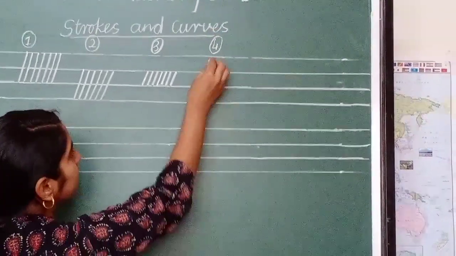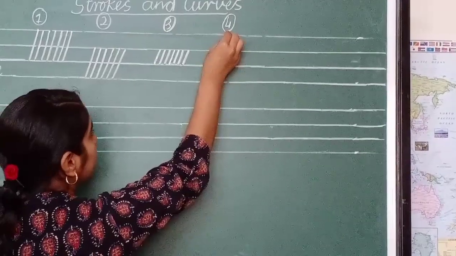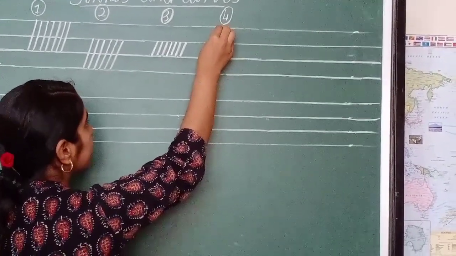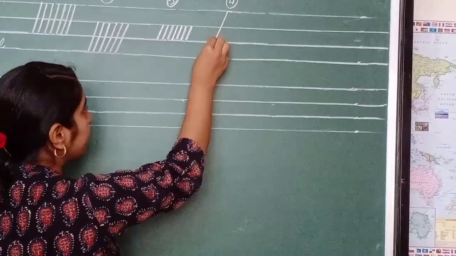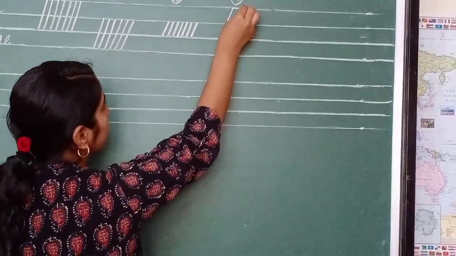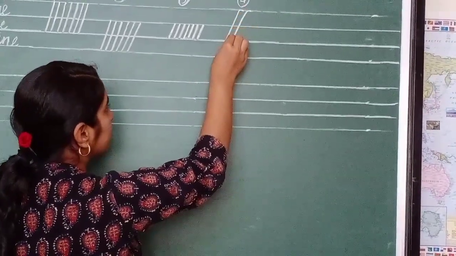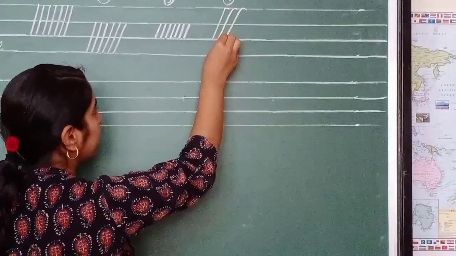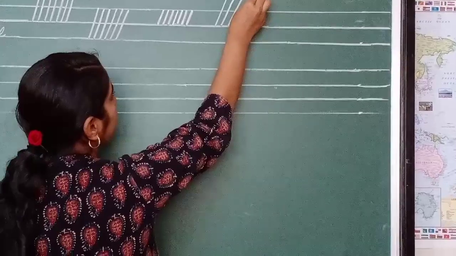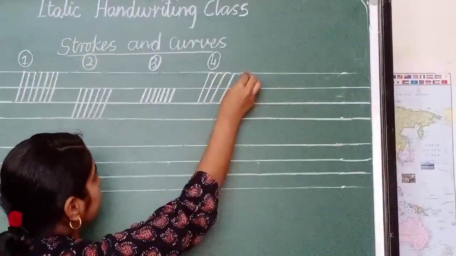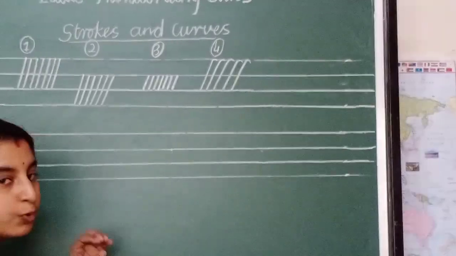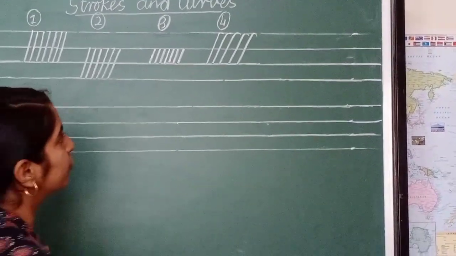It is a bit of a slide, a bit of a curve, that you have to make, curving on the ascending line and touching the base line. Like this you have to make. Only a bit, friends, not too much.